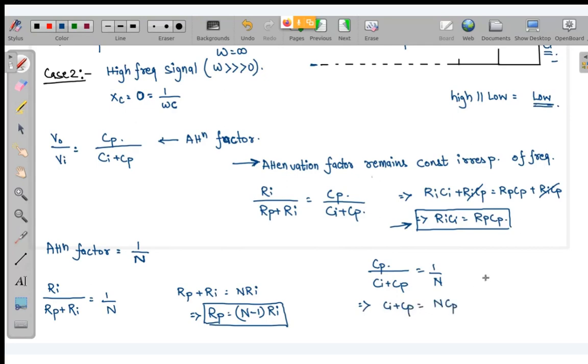So Cp is equal to Ci divided by n minus 1. So these two formulas are very, very important. Most of the questions you can solve using these two expressions. Please tell me, is it clear? Any doubt in this? Fine.